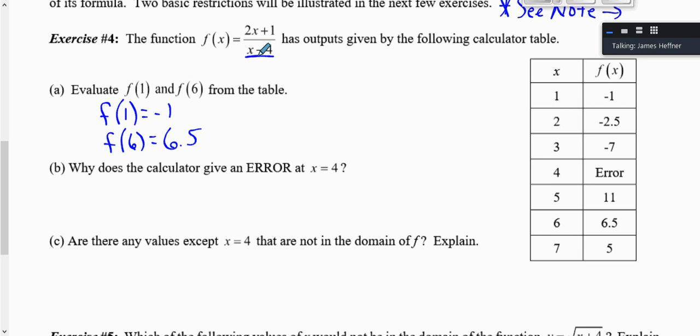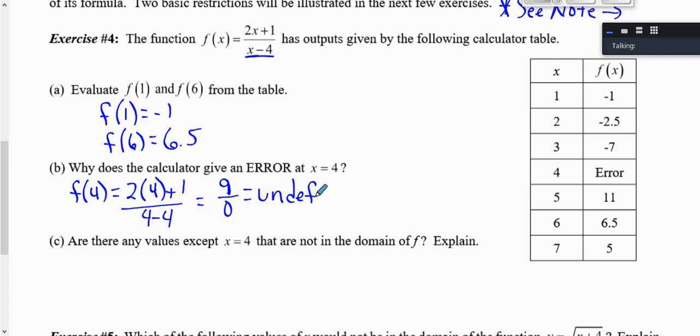So f of 4, if we plugged it in, f of 4 would equal 2 times 4 plus 1 over 4 minus 4, which would be 9 divided by 0, which is, of course, what? Undefined. Your calculator doesn't say undefined, it just says error, okay?